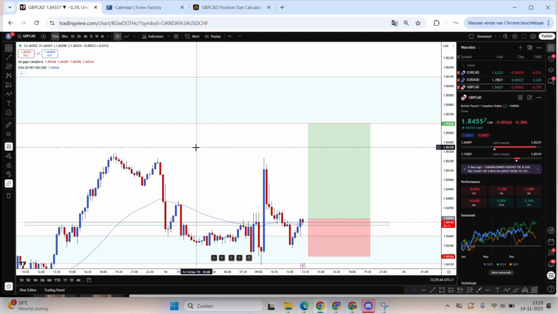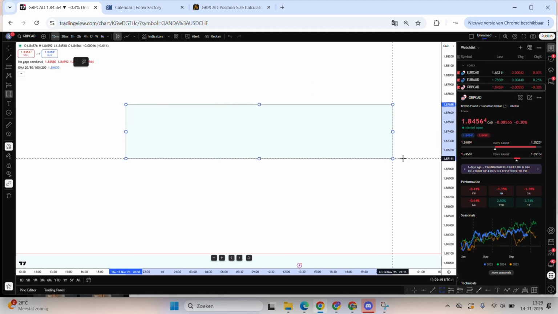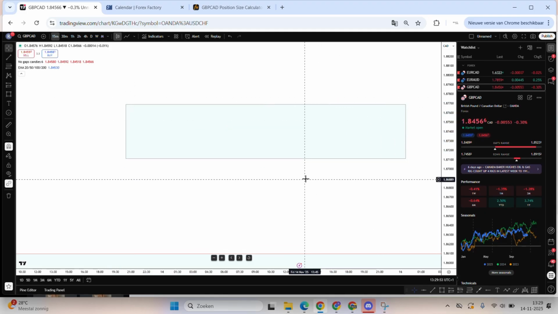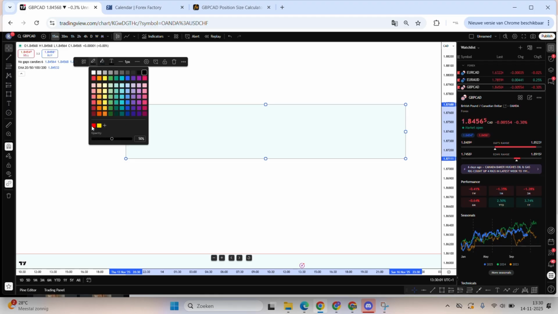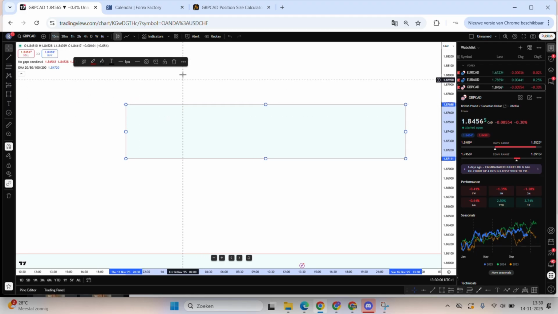And the boxes that I draw right here, the box right here is with a black line. A black line means that it's a daily area of interest. And if you want the red line, you put the line color to red. So that's for me a weekly area of interest.